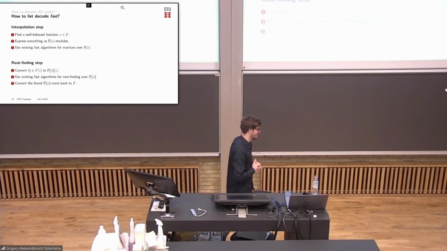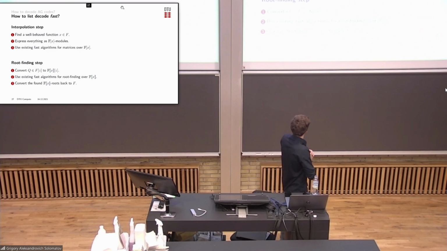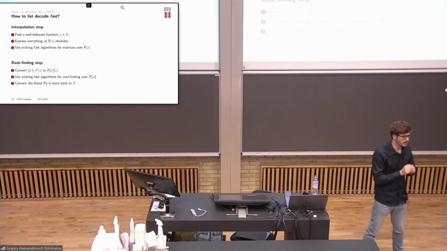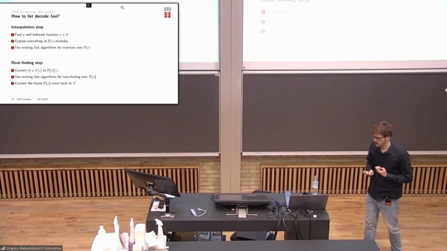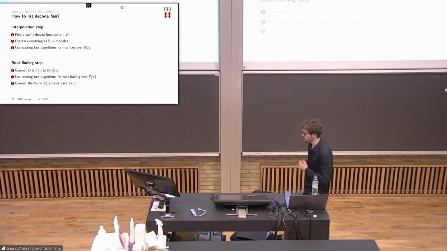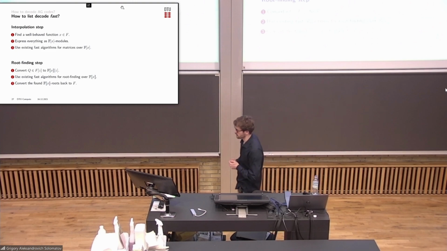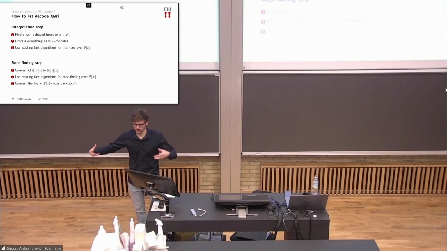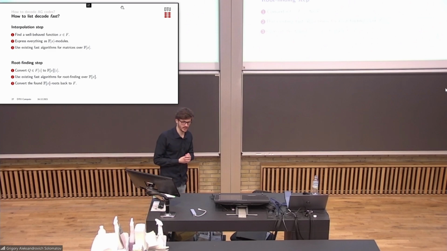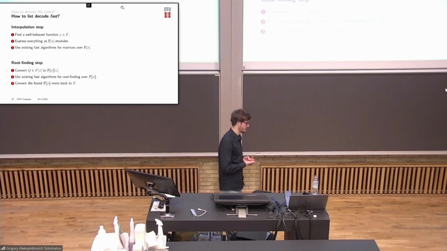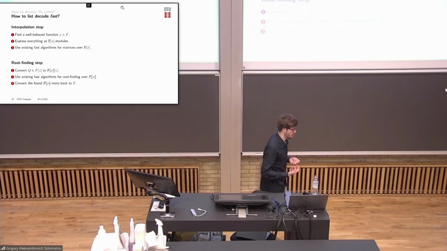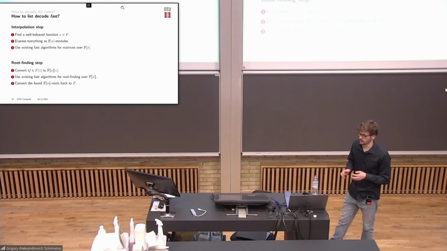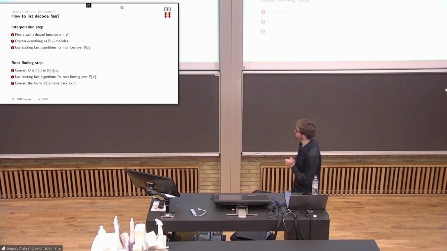Having found such a function x, it turns out that we can represent all of the objects that are required by the Guruswami-Sudan theorem as F of x modules, which in practice means that everything can be represented as tuples or lists of univariate polynomials in x. And as we have learned before, working with univariate polynomials in general is much easier than working with multivariate things or even fractions of multivariate things.